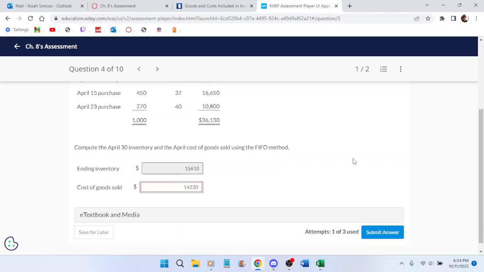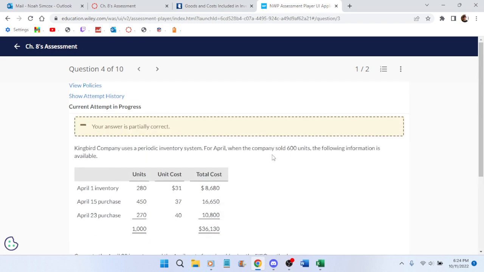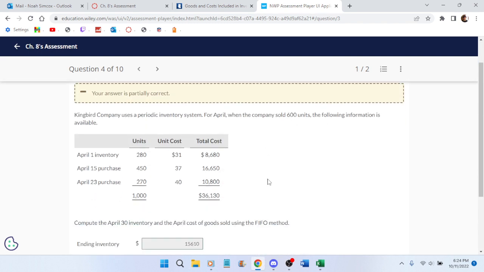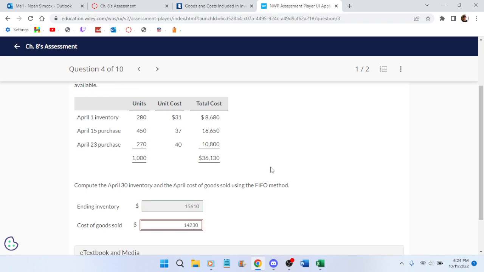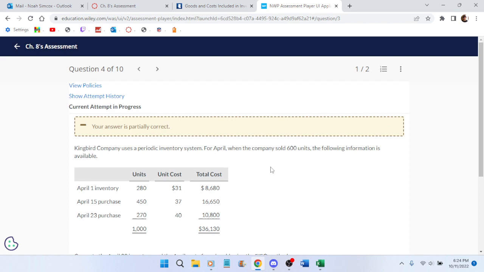I hate my life. At least I got one right. How did I do that wrong? It says they sold 600 units for the month of April. It says uses a periodic inventory system.